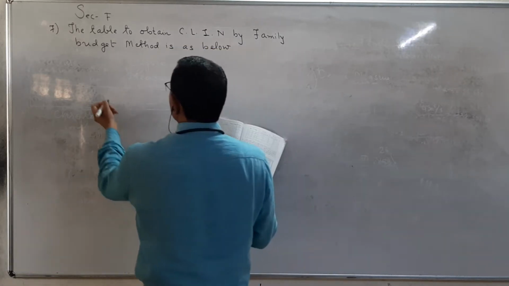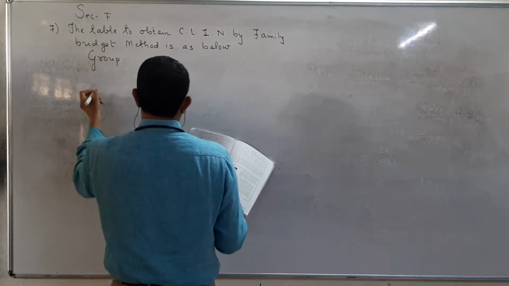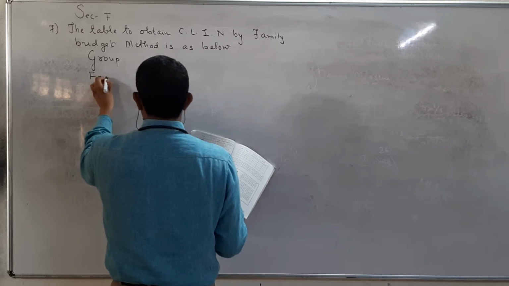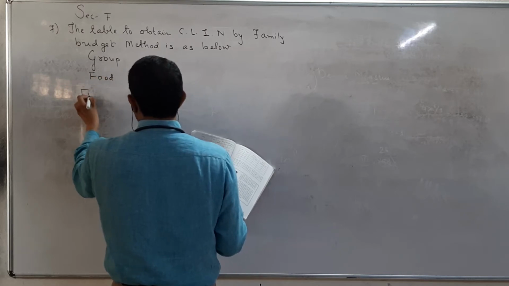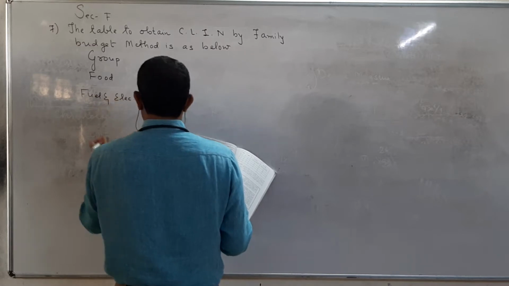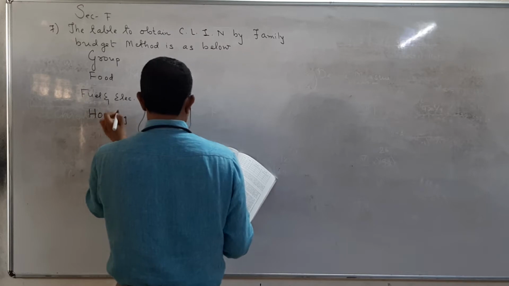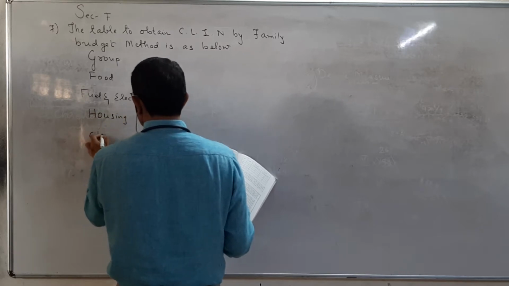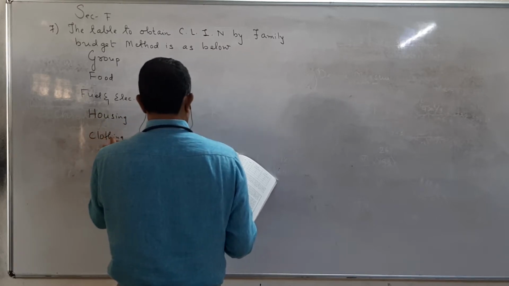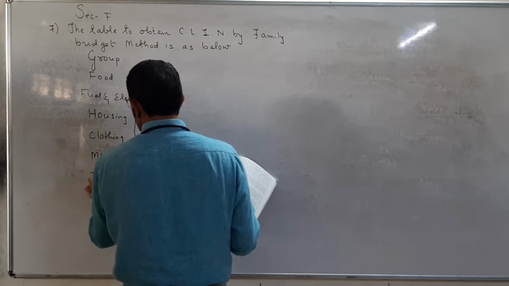The first column is of given items or group: food, fuel and electricity, housing, clothing, and then miscellaneous, and then total.